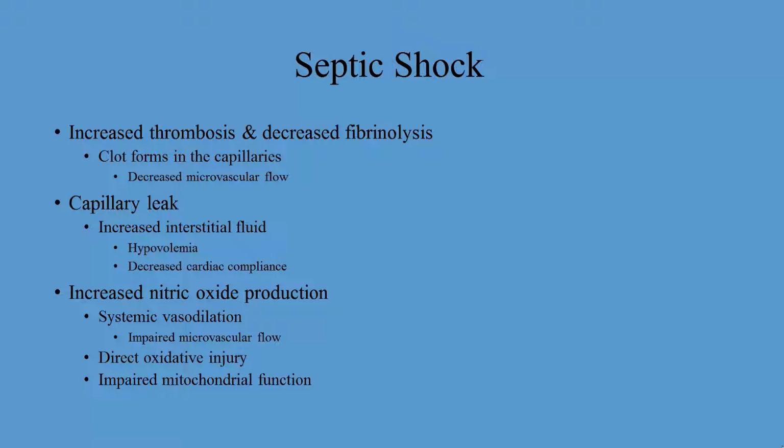And then finally, the pro-inflammatory state leads to increased nitric oxide production, which leads to systemic vasodilation and impaired microvascular flow. There also is some direct oxidative injury due to the production of superoxides related to the nitric oxide production and the mitochondrial dysfunction that was noted before. That leads to impaired cellular function, which will then lead to reduced organ function.